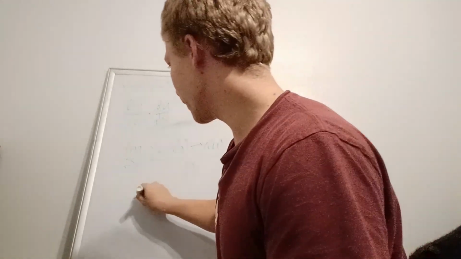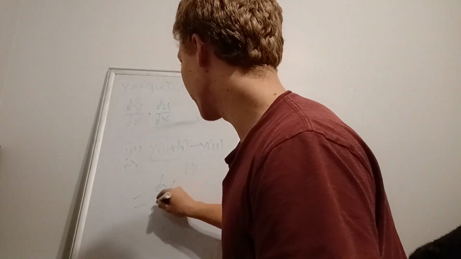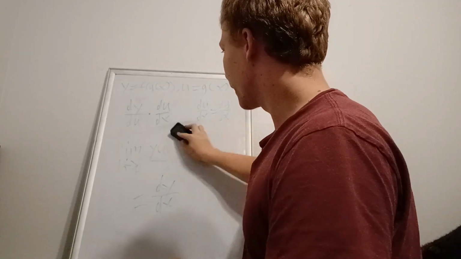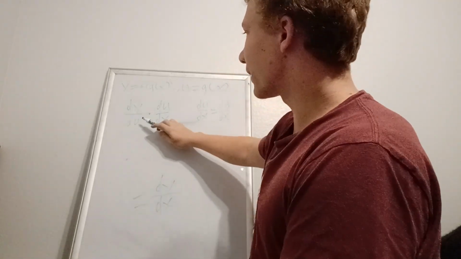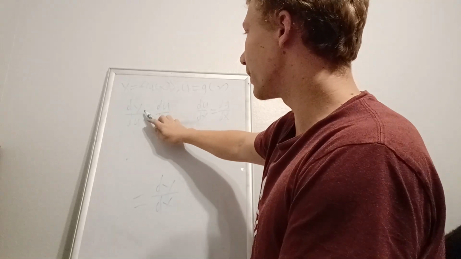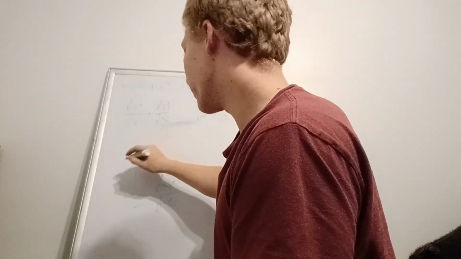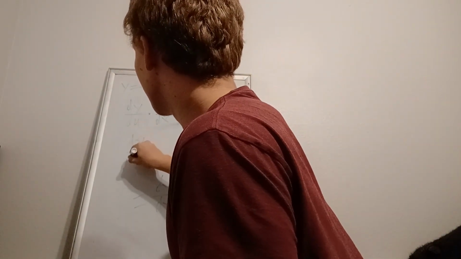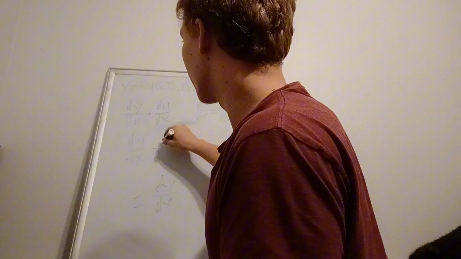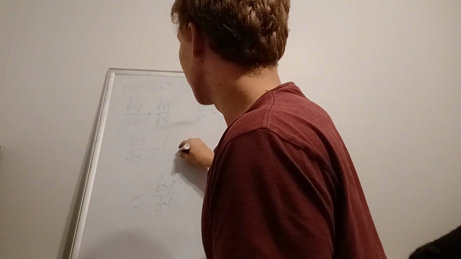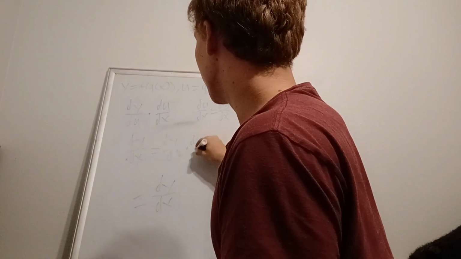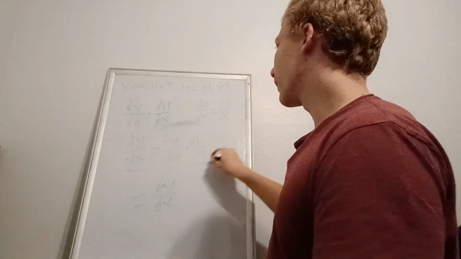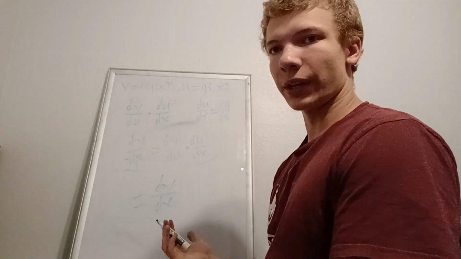So this is equal to dy dx. And of course, how did we get here? We started by multiplying dy du by du dx, and we found that they were equal. Therefore, dy dx is equal to dy du times du dx. And that's what the chain rule tells us.